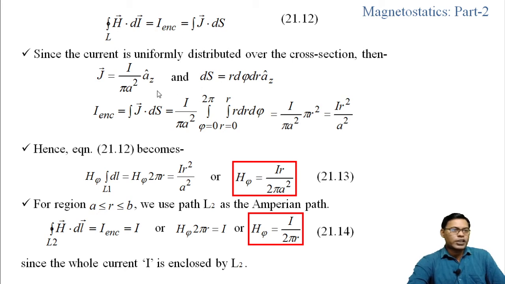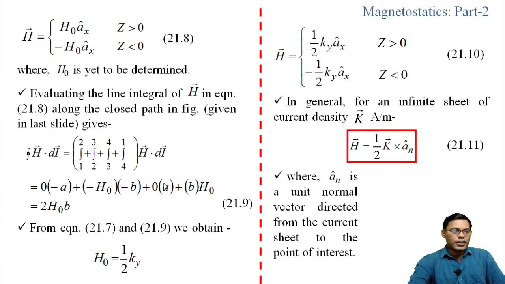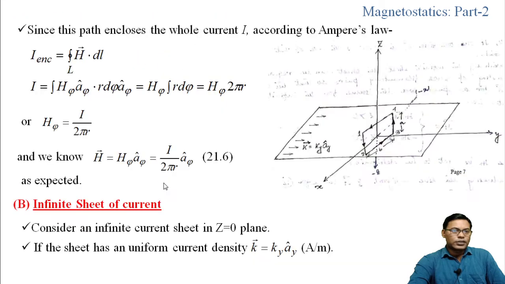Now H dot dl can be represented as H phi d phi, as we have discussed earlier. In this case you can see that from that we will get the expression H phi 2 pi r.